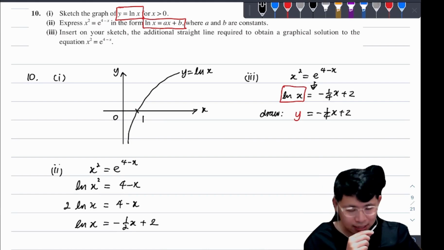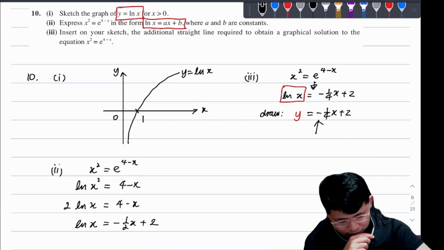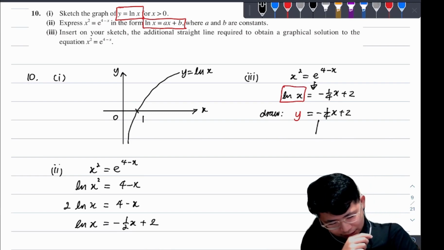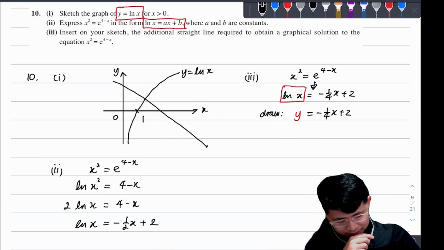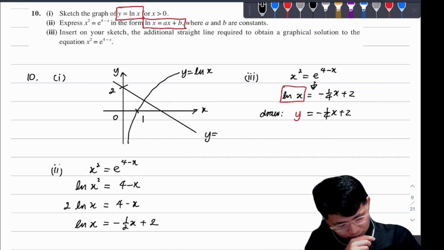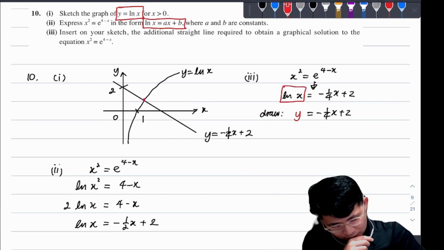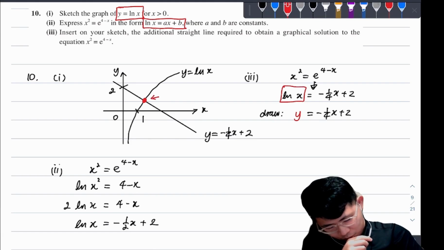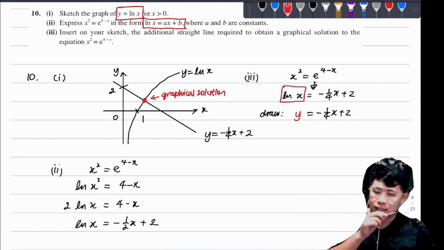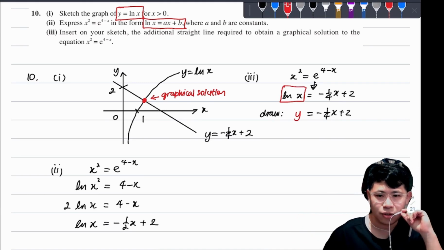This is a straight line graph, negative gradient, cut at 2. So roughly like this. Cut at 2, negative gradient, so y equals negative 1 over 4 x plus 2. So the point of intersection over here is the graphical solution to the equation over there.